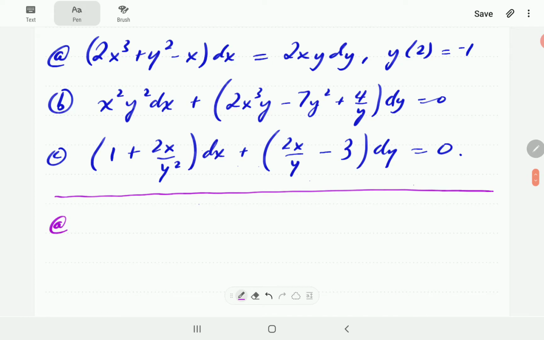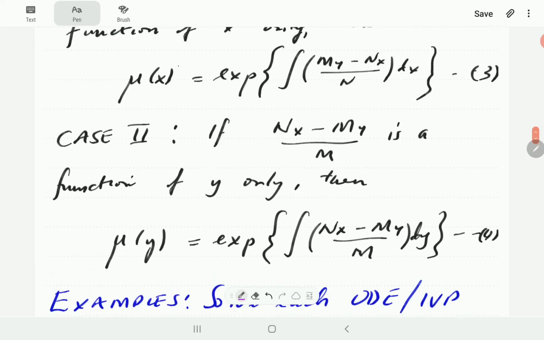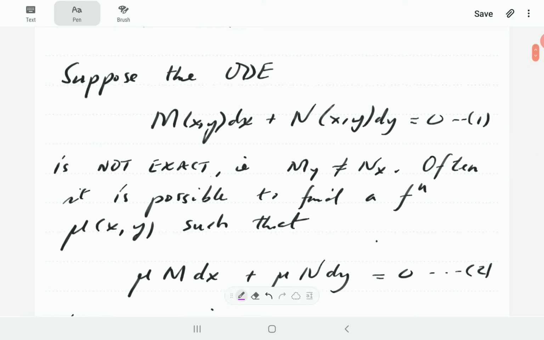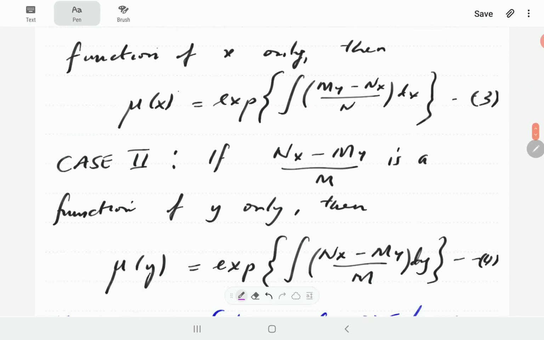The first thing we're going to do is write this one in the standard form of M dx plus N dy, which is given in equation 1, so everything is on the same side.